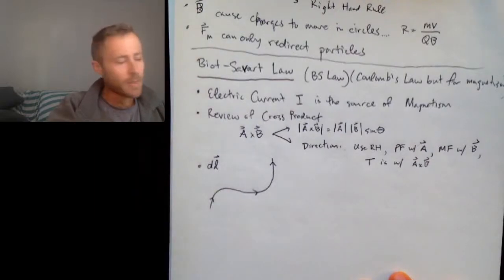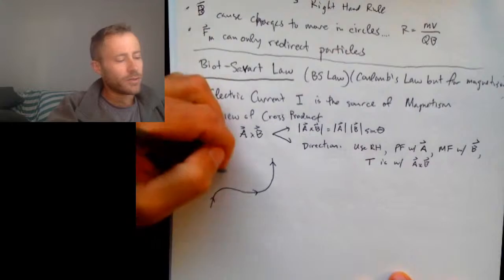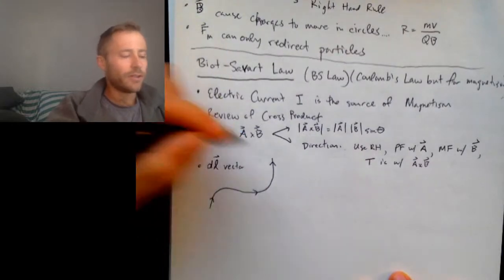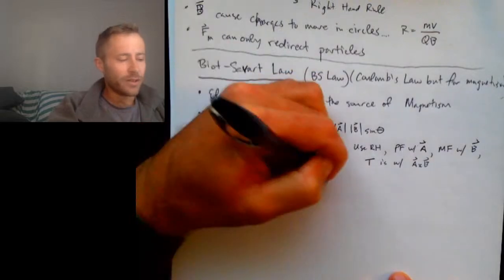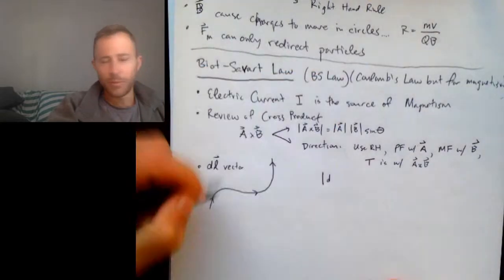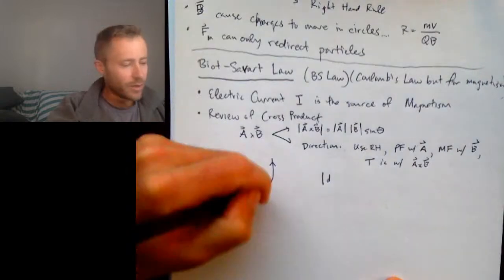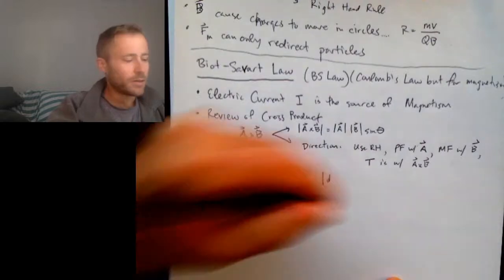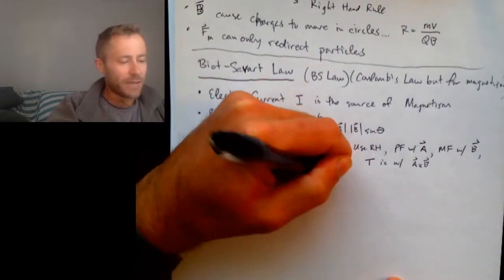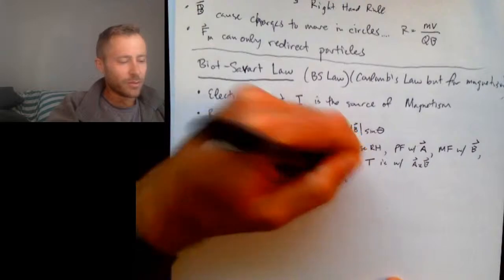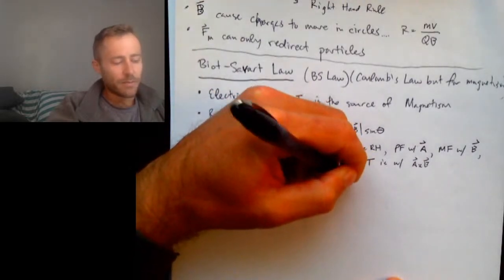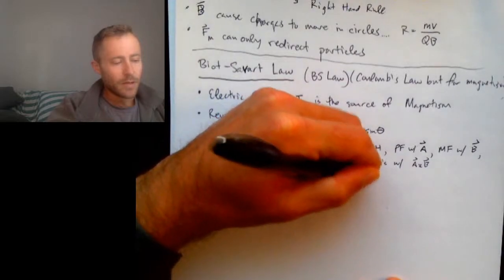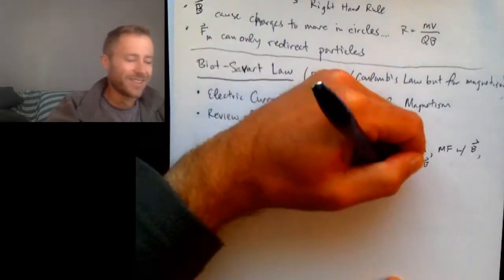And so the magnitude of dl, so basically what we want to do, if we want to talk about dl, is we look at a little tiny segment of wire. So the magnitude of dl is equal to the length of the tiny segment of wire.